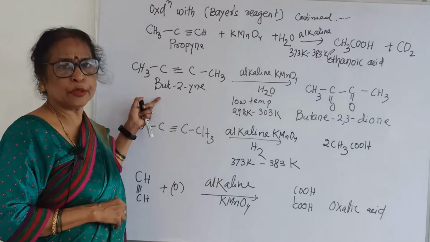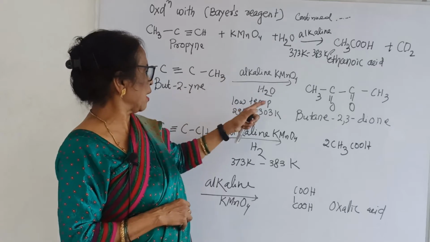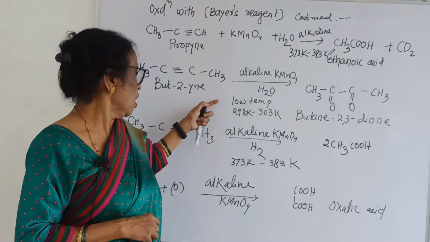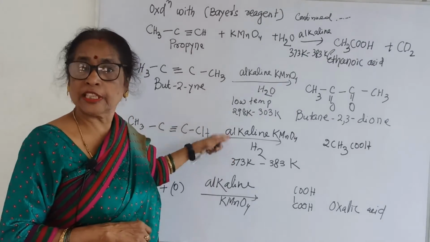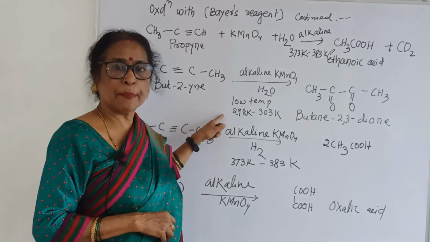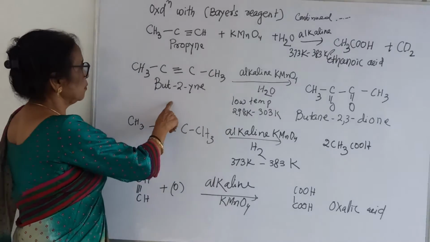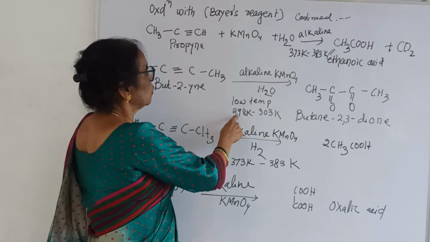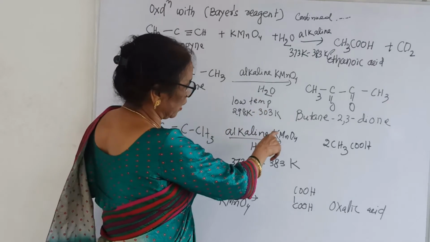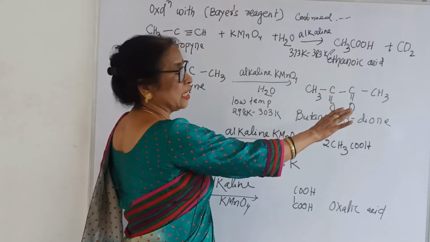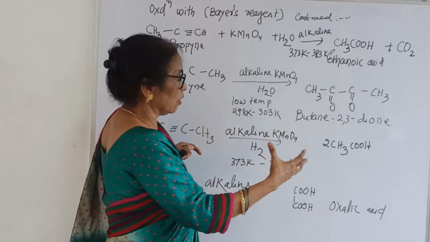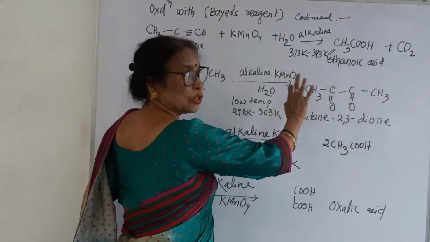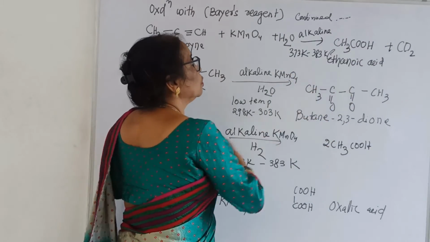Similarly, if you take butyne, same alkaline KMnO4 here also, with low temperature. When you see, both reactions are the same, only the temperature is different. See here, this is butyne, this is also butyne, and at temperature 290 to 300 Kelvin, it gives butane-2,3-dione. What is 2,3-dione? Dione means two keto groups at positions 2 and 3.